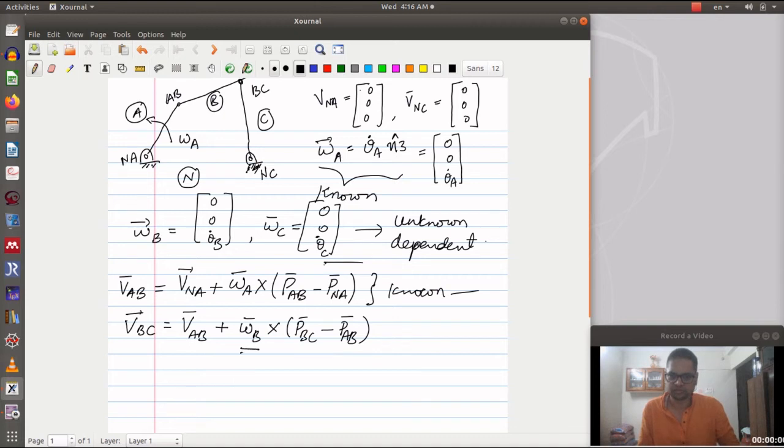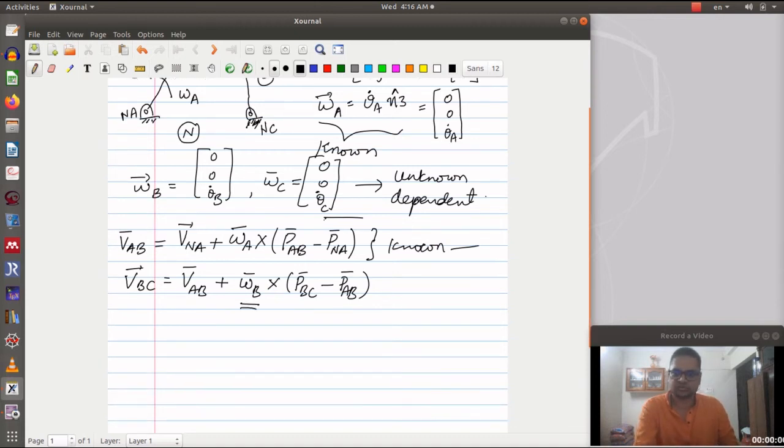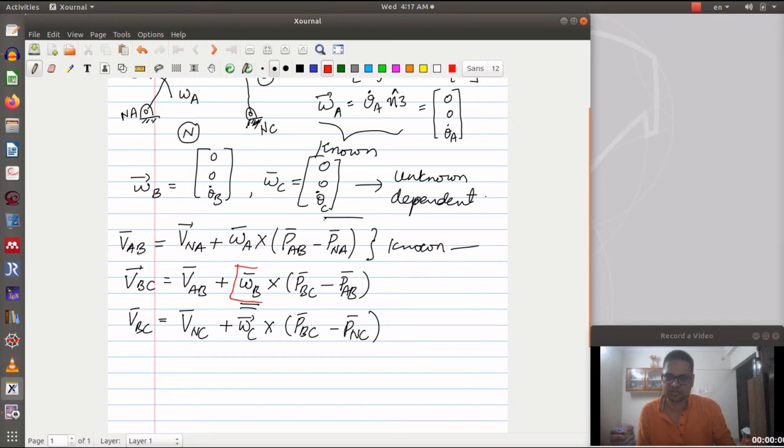So in here we do not know omega B. Now velocity of BC can also be written as velocity of NC plus omega C cross position of BC minus position of NC. So in this, omega B and omega C are unknown quantities.